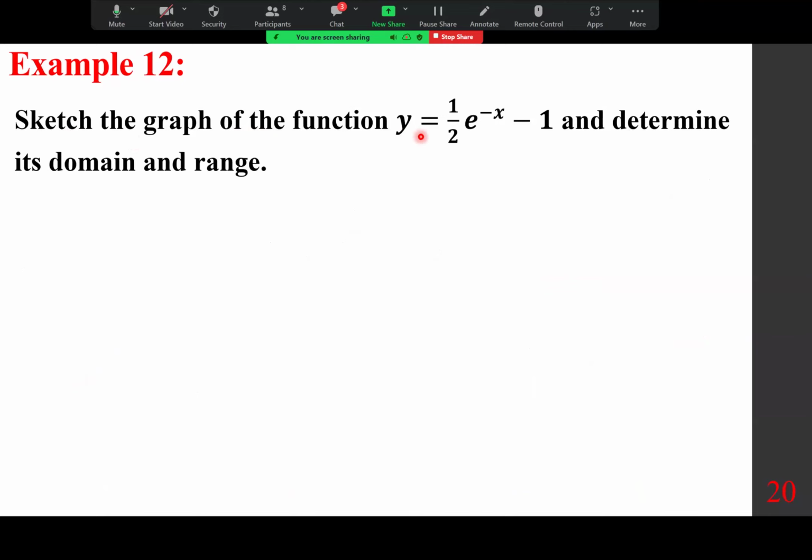Sketch the graph of the function y equals 1/2 e to the power minus x minus 1 and determine its domain and range. Again, let's start with the basic function y equals e to the power of x.